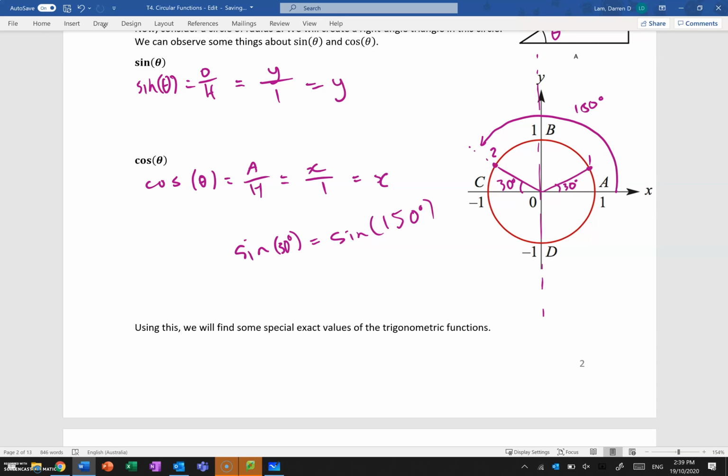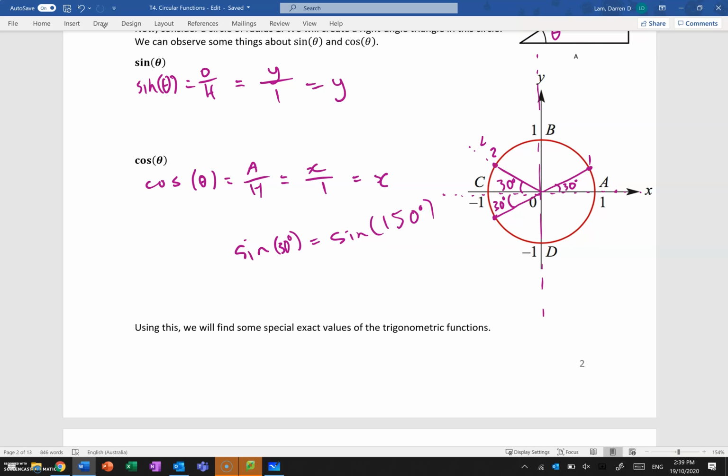No? Okay, and I can continue this. Using the symmetrical property again, let's draw this line there. What degree is that? 30, thank you very much. And is the y value the same? No, it's the negative version, which we know from the asterisk thing I was talking about.